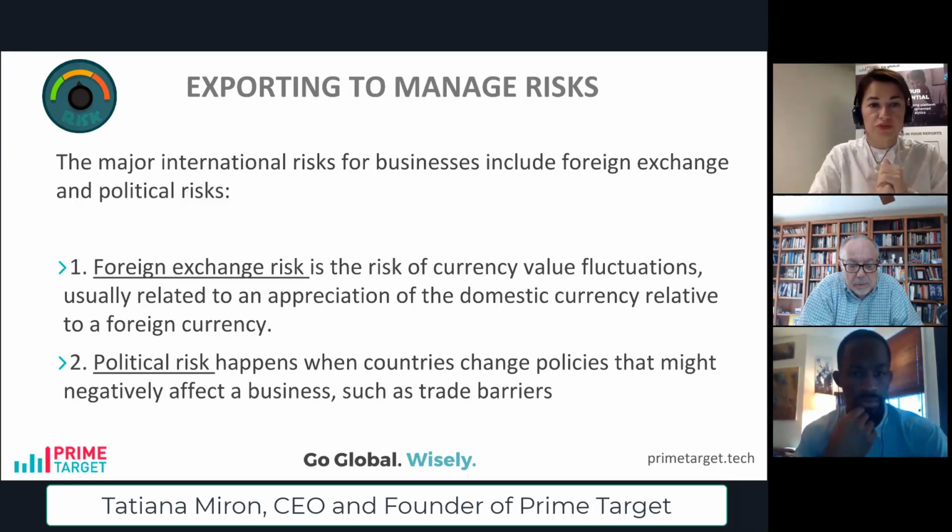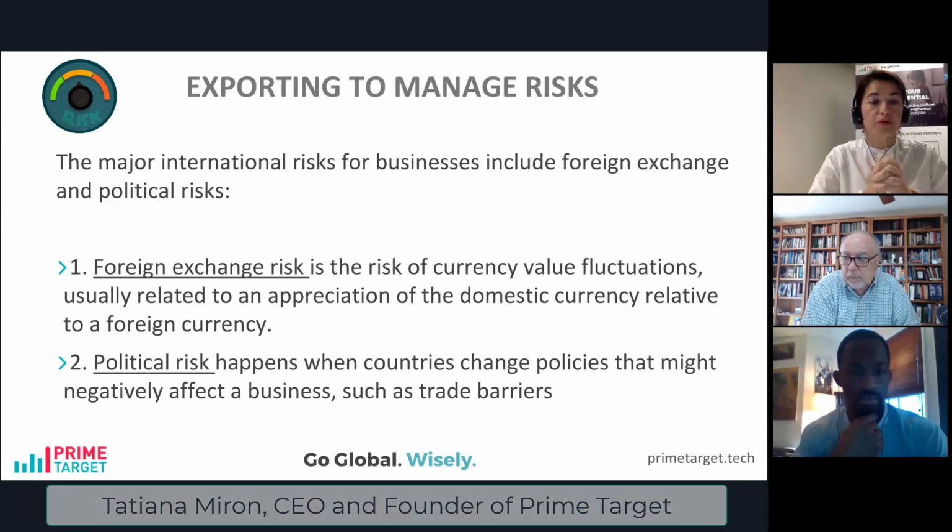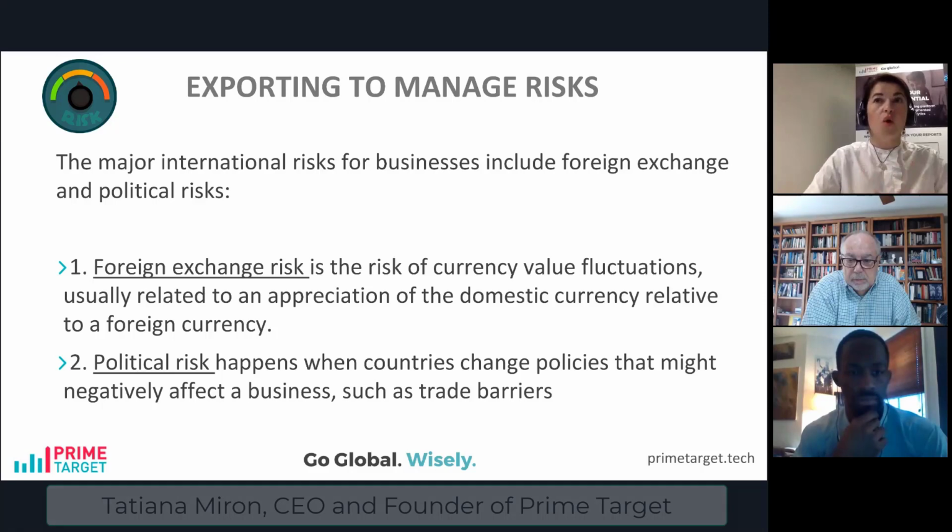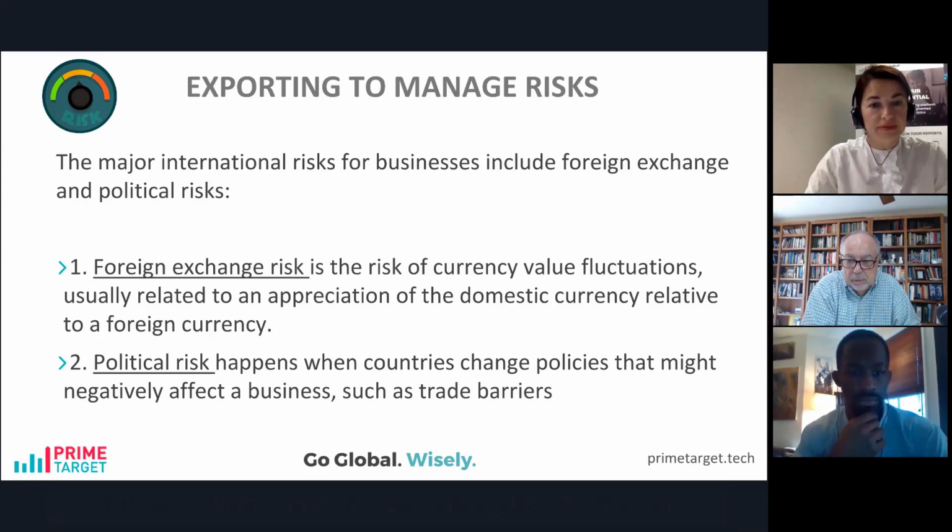First, the foreign exchange risk, and it is very important to work around this risk with your bank. Basically, it's about currency fluctuations. And second, it's about political risks, which happen when countries go through important changes which can affect your business. It can be the business of the whole country, so basically the economy, or your own.